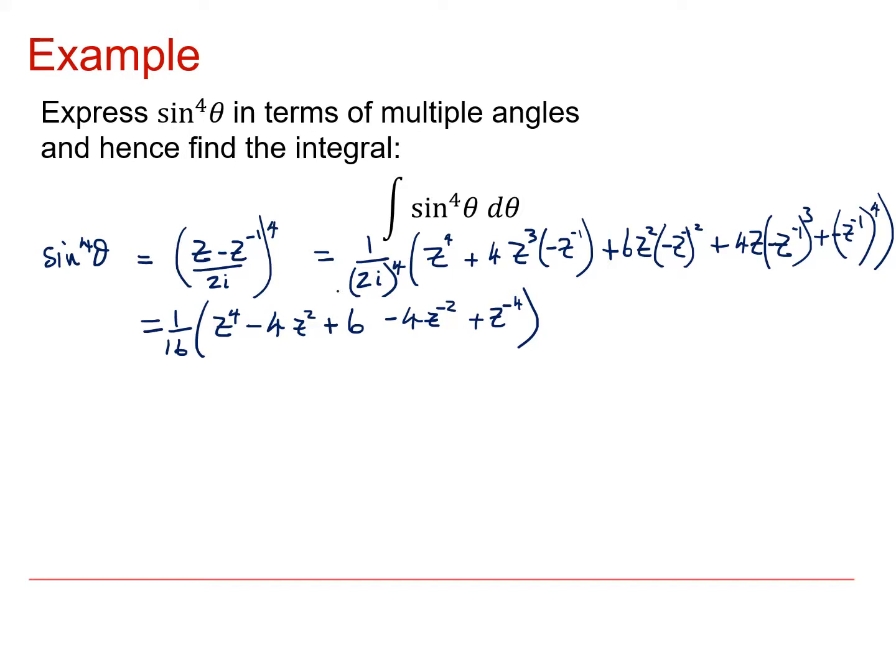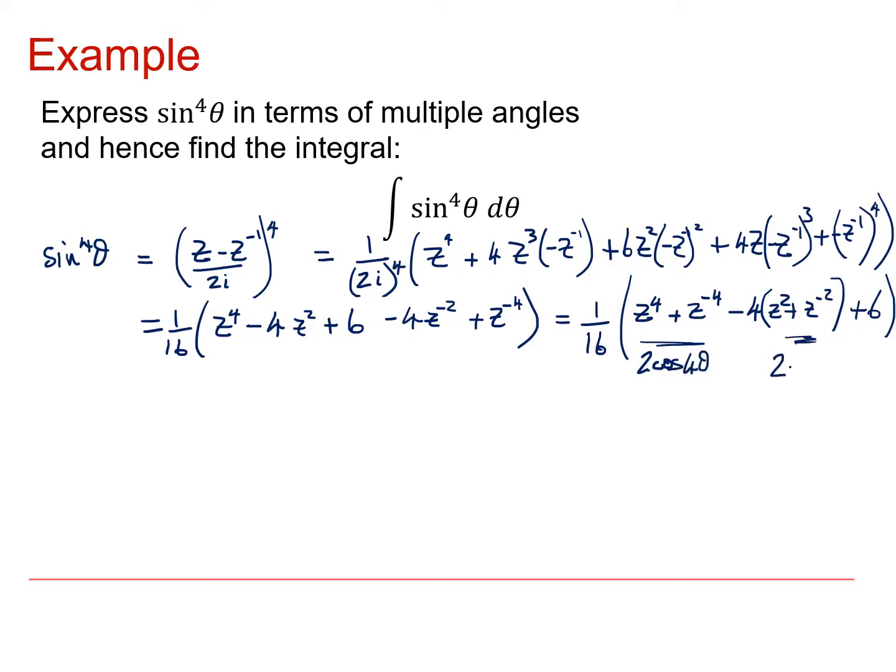And rewriting these, putting the powers of 4 and powers of 2 together, that is 1 over 16 times z to the 4 plus z to the minus 4, minus 4 lots of z squared plus z to the minus 2, plus 6. Now this thing here is just 2 cos 4 theta, and this thing here is just 2 cos 2 theta.